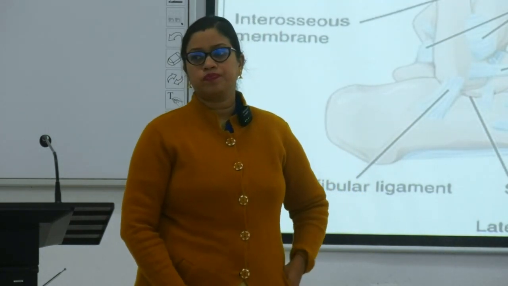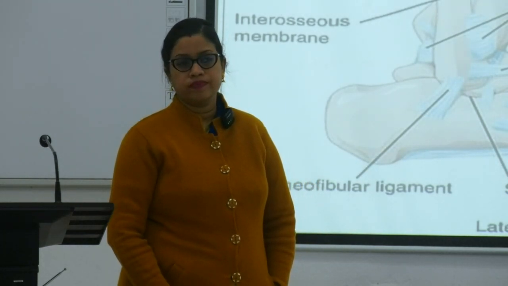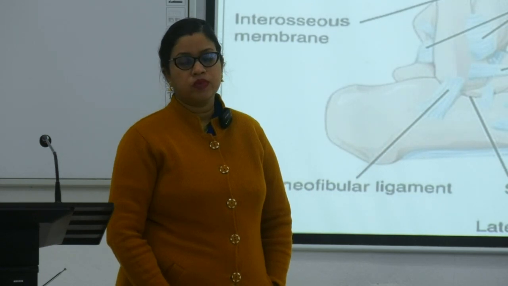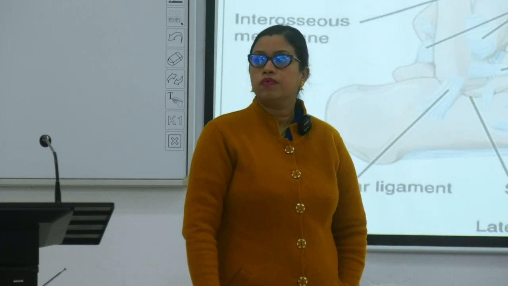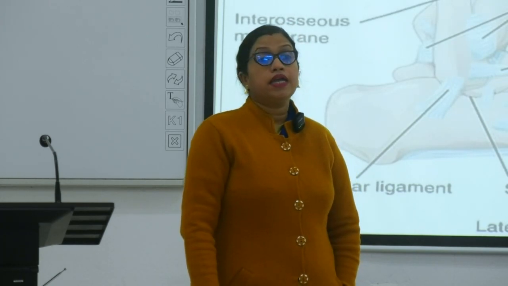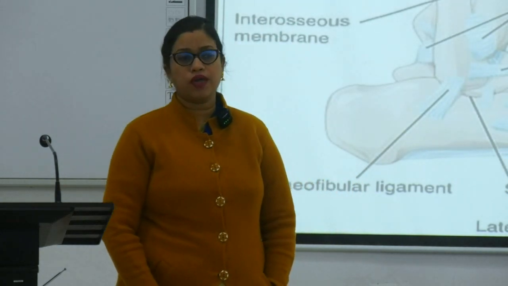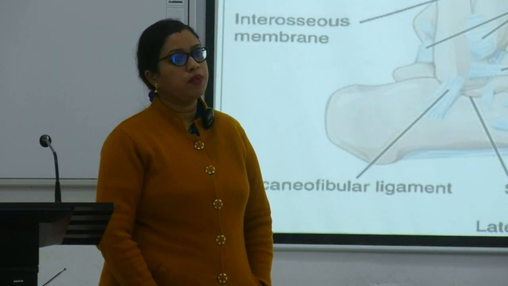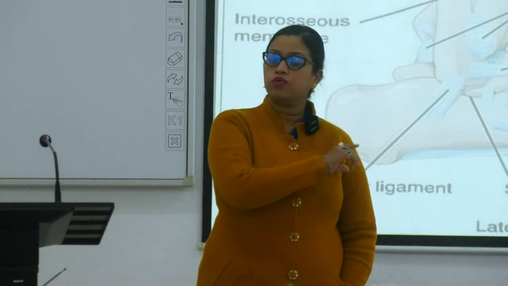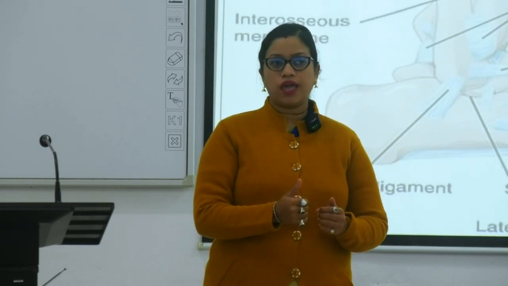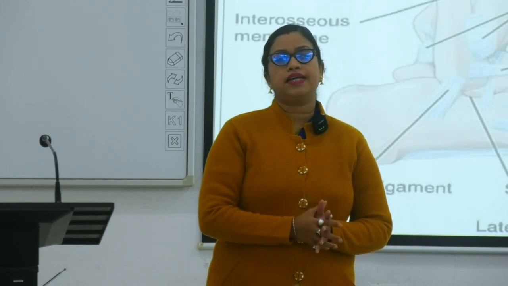Which structure is present between the tibia and fibula at the inferior part? We are saying it is syndesmosis. What is present in between? Fibrous intraosseous membrane, you have to specify it, and it is that strong. Suppose a fracture happens to this lower part and the bone gets fractured, but this ligament is intact.